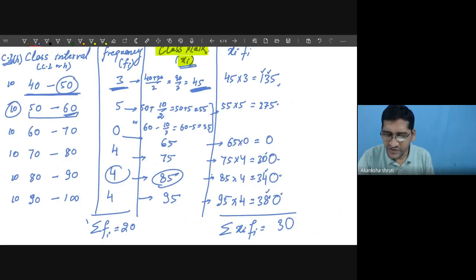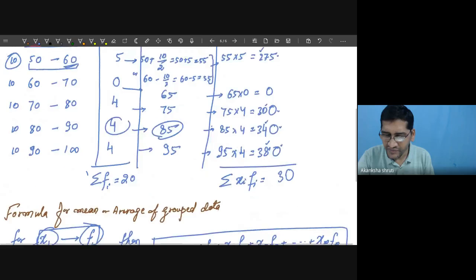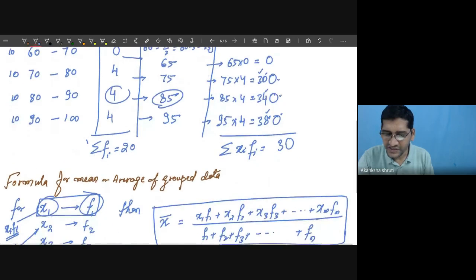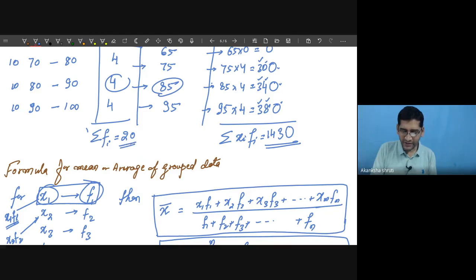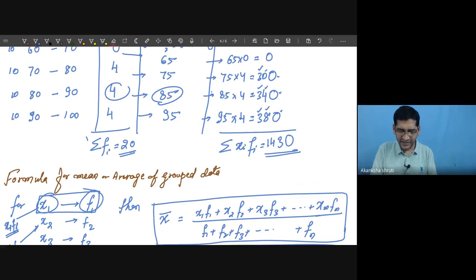So 1 plus 2 is 3, plus 2, 5, 3, 8, 3, 11, 3, 14. So it is this much. So this way we have calculated the summation of fi and the summation of xi fi. These two are important for us.